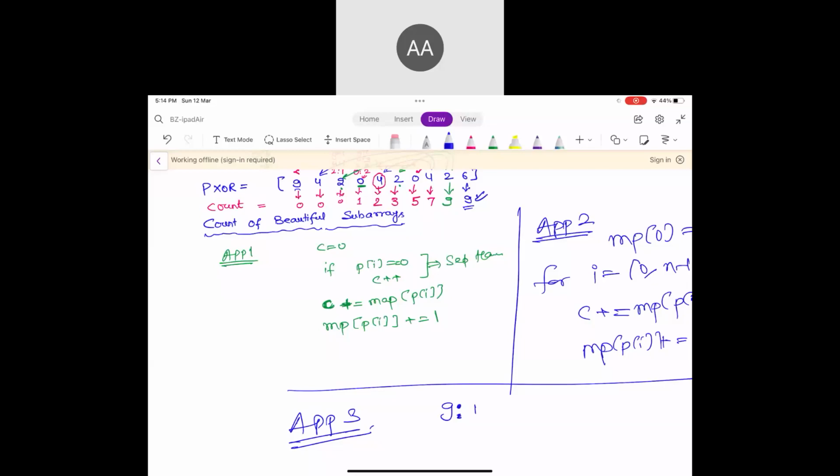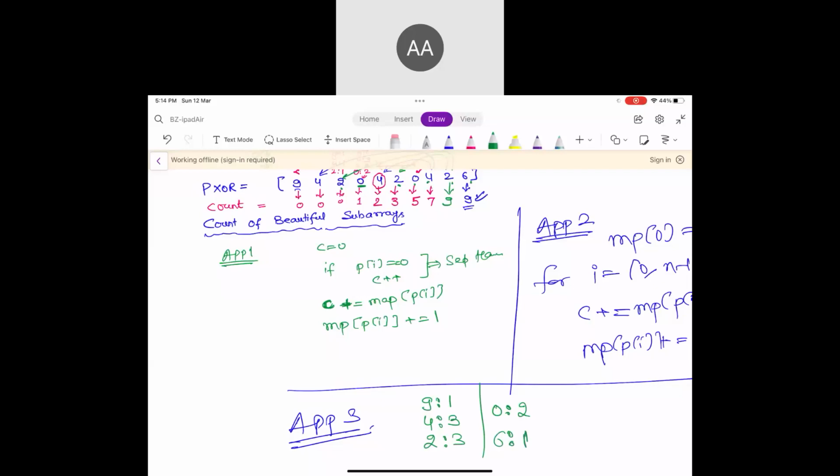Overall, 4 is occurring how many times? 4 is occurring 3 times. What about 2? 3 times. How many times is 0 occurring? 2 times. 4 we have taken, 2 we have taken, 6 is left. 6 is occurring 1 time.